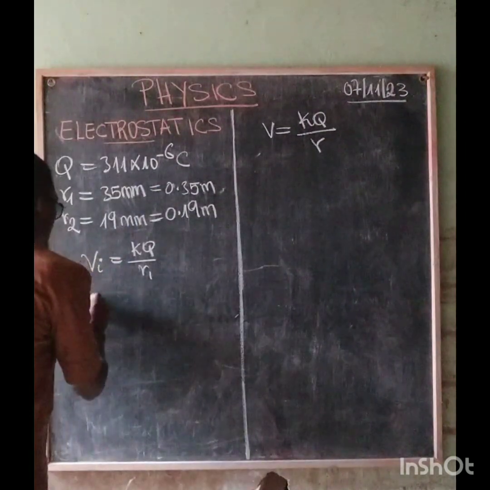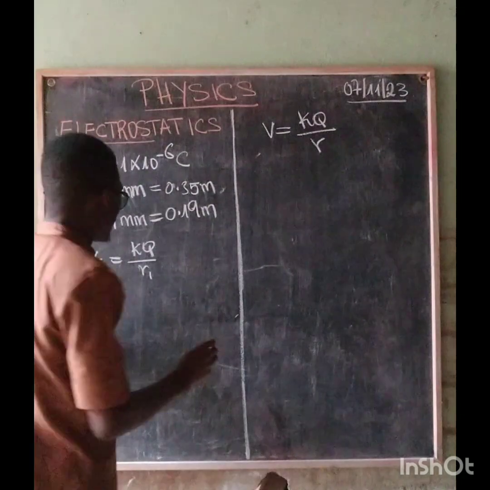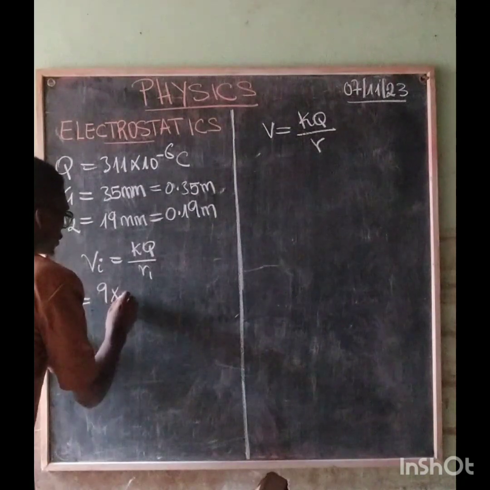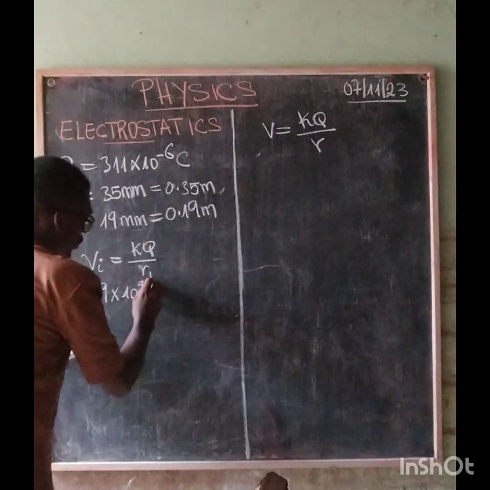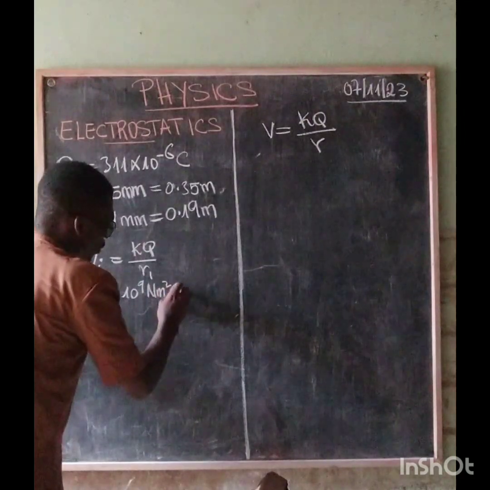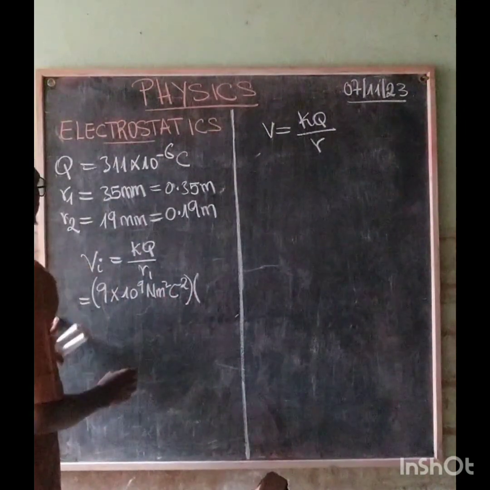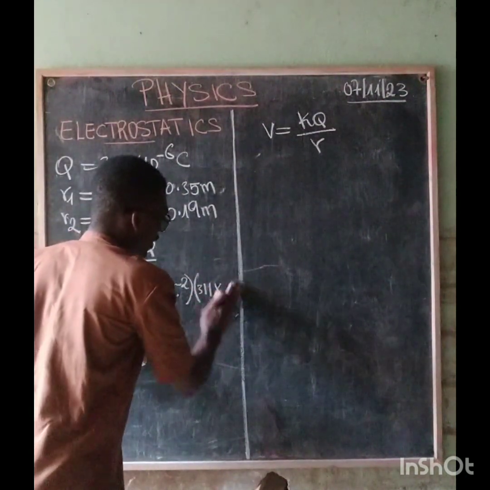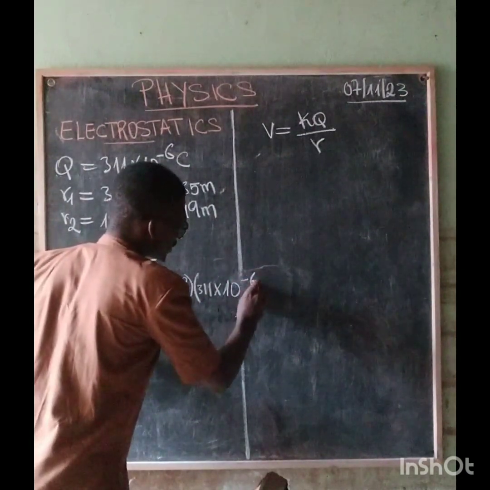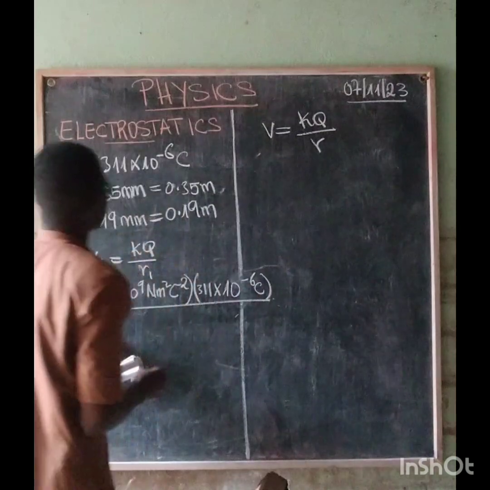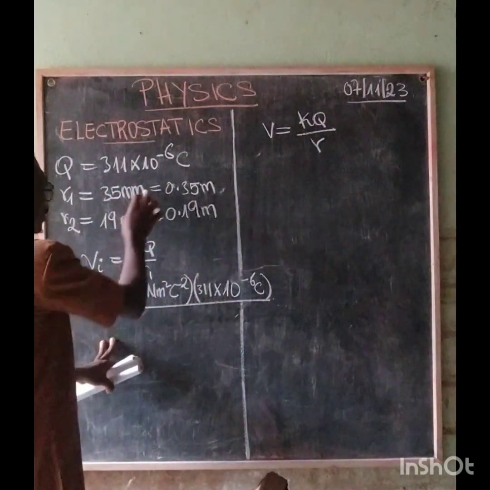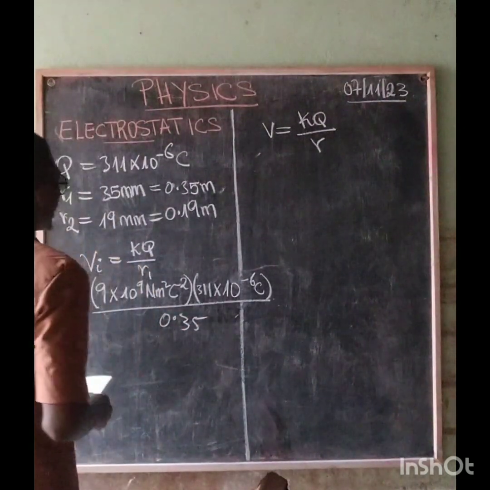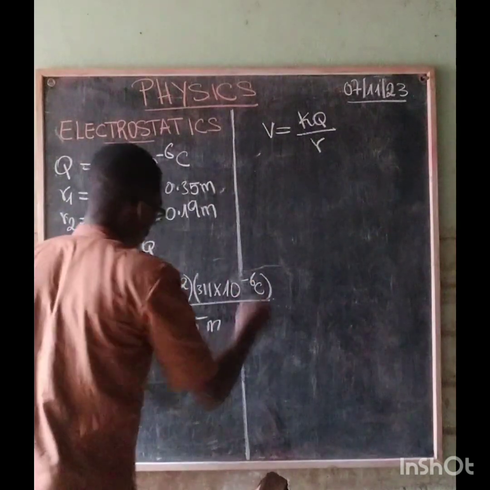V1 is equal to K, which is numerically equal to 9 times 10 to the power of 9 Newton meter squared per coulomb squared, times the charge 311 times 10 to the negative 6 coulombs, all divided by R1, which is 0.35 meters.